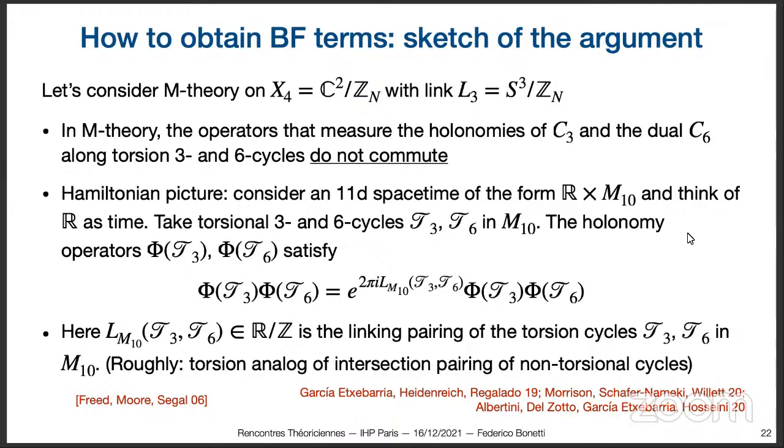In this ambient space, these two objects can have what's usually referred to as the linking pairing. Intuitively, at least in my mind, this is just the analog of the familiar intersection pairing between cycles in the realm of torsion. One has to keep in mind, though, that while the intersection of cycles in the usual sense is an integer, the linking pairing instead is a phase, or an R mod Z number, if you prefer. So this is a basic relation that describes the failure of commutativity of fluxes, if you wish, in M theory.